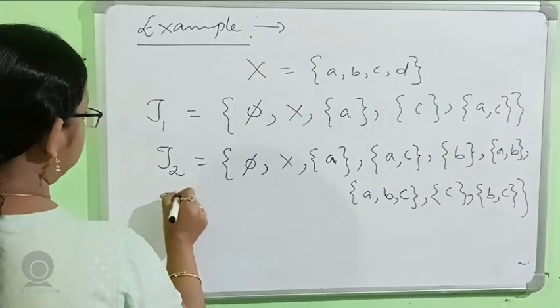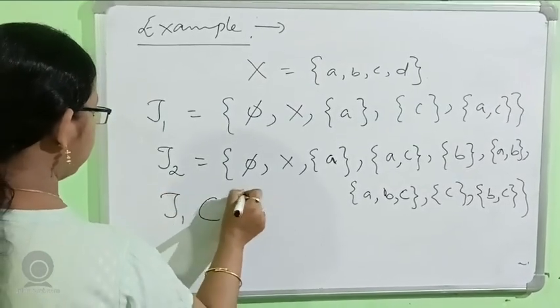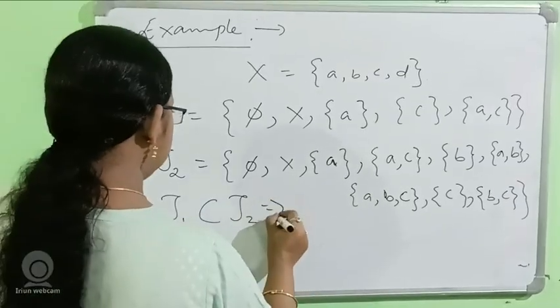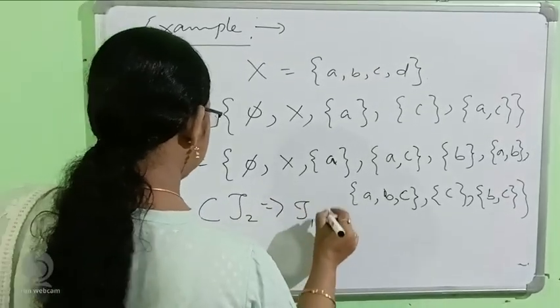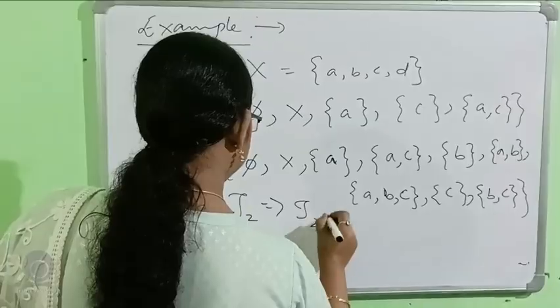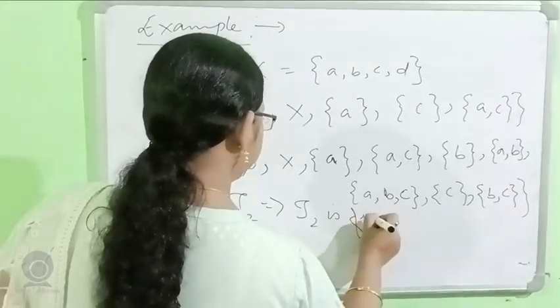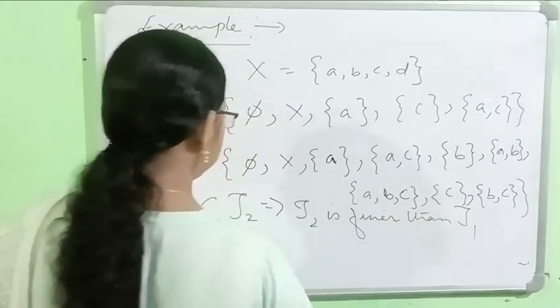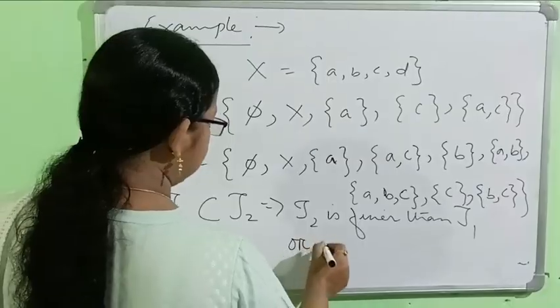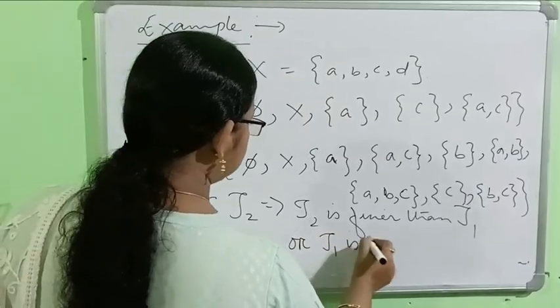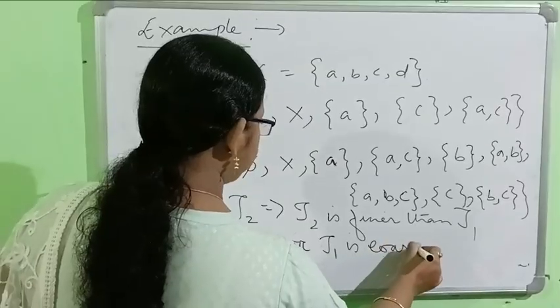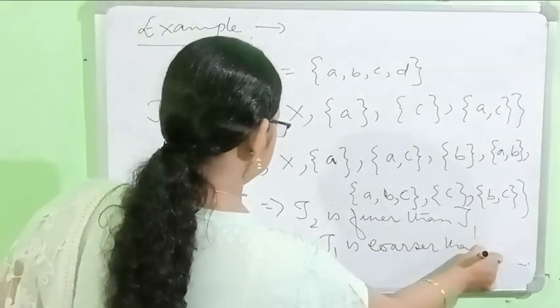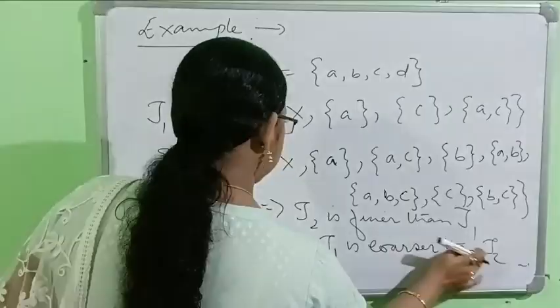That means T1 is contained in T2. This implies T2 is finer, and we can also say T1 is coarser than T2.